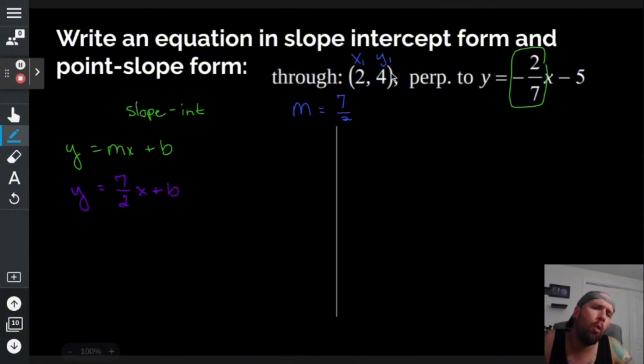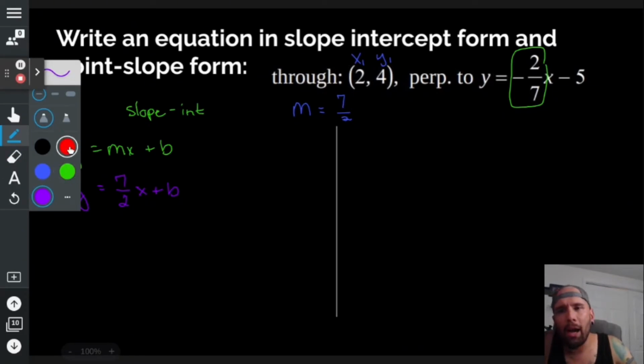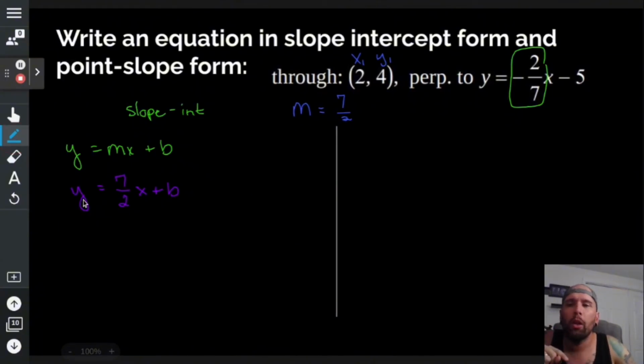Well, I have a point, and what I can do is use that point, substitute it into that equation, and get b. My y value is 4, my x value is 2. So I'm going to replace y with 4, and replace x with 2. And that gives me the ammo to find b. 7 over 2 times 2 means the 2's cross out, and I get 7.